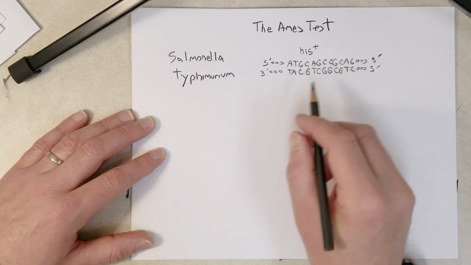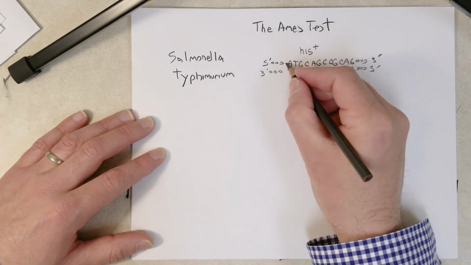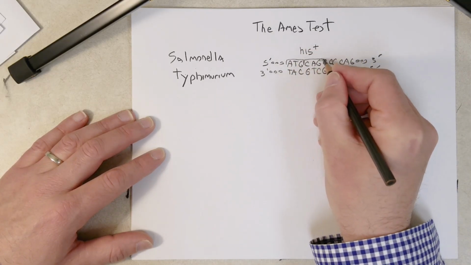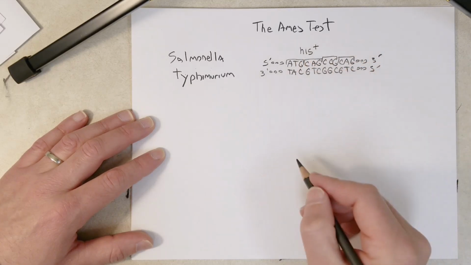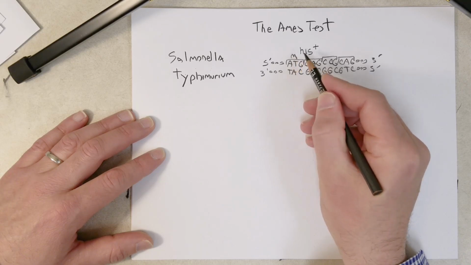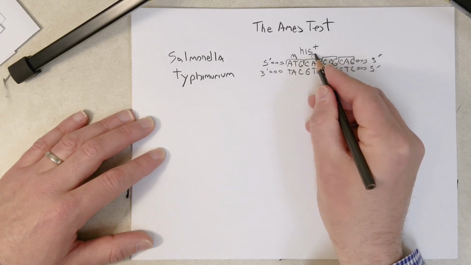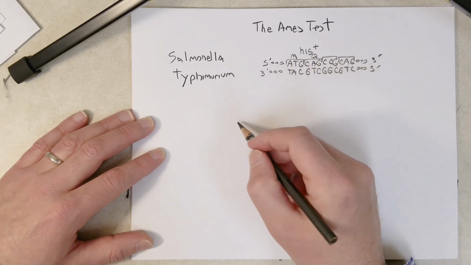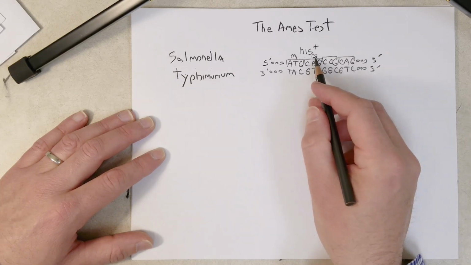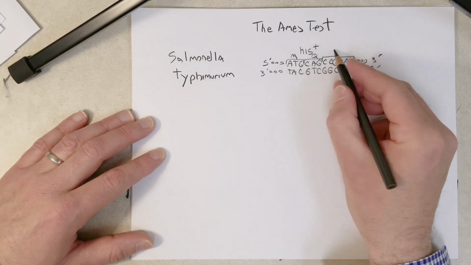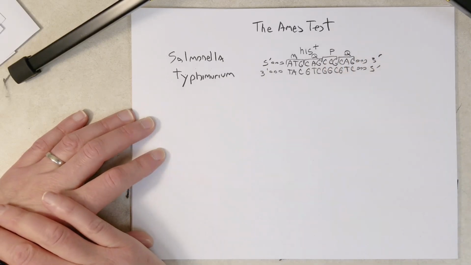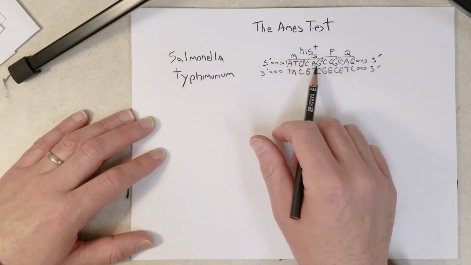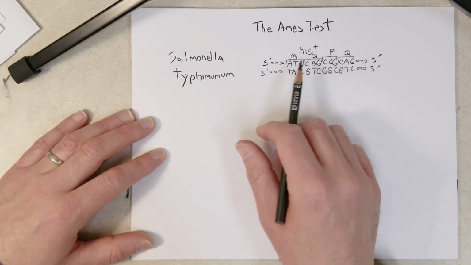I'm just showing a little part of the gene here. Now let's say these are codons. If you looked in a genetic code, you would see this one codes for methionine. This one, CAG, is glutamine, and the one-letter code for glutamine is Q. P and a Q again. P is for proline.